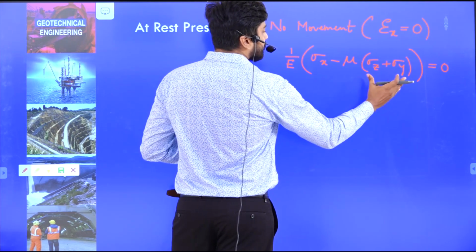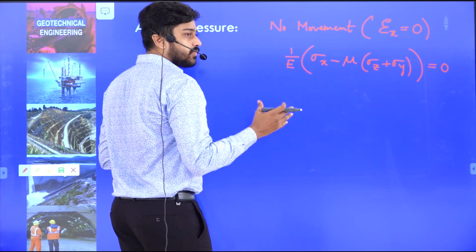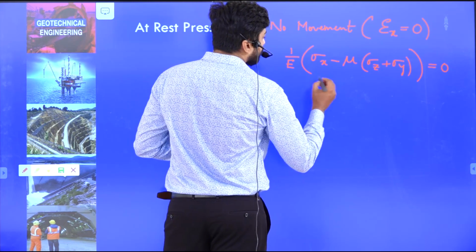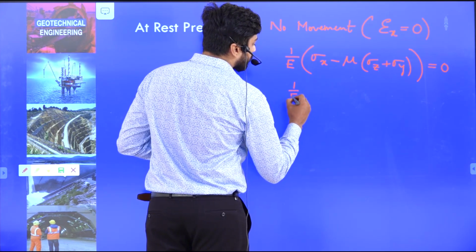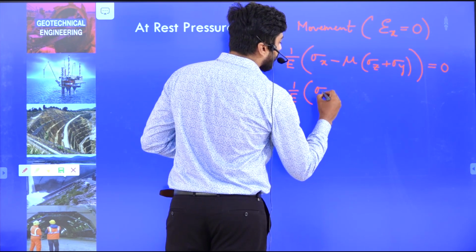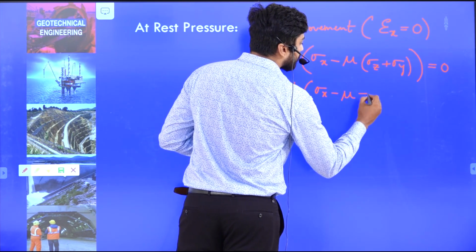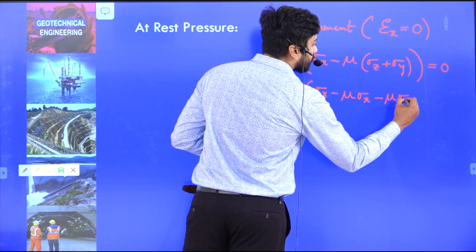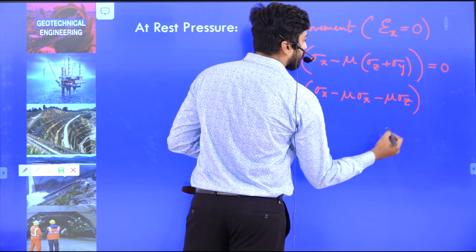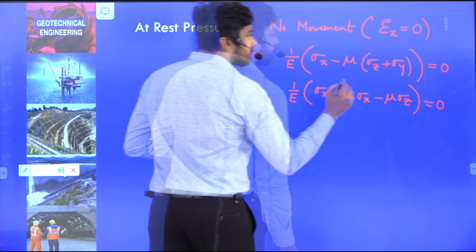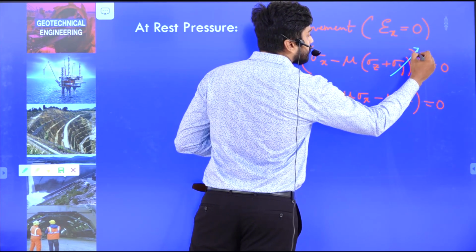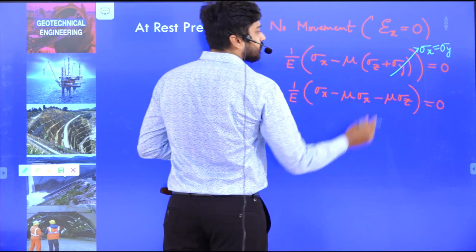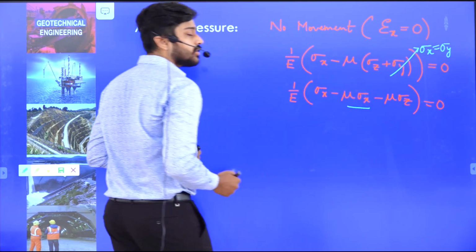Since sigma y and sigma x are the same for the particular body, as we are considering a two-dimensional body, we write 1 by E into (sigma x minus mu sigma x minus mu sigma z) equal to 0, since sigma y is equal to sigma x. That is why we have written this particular term.